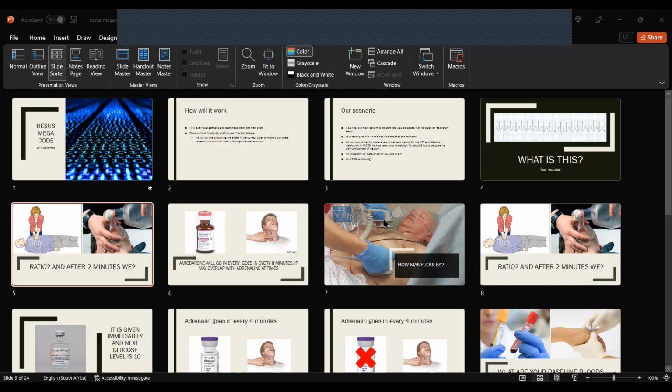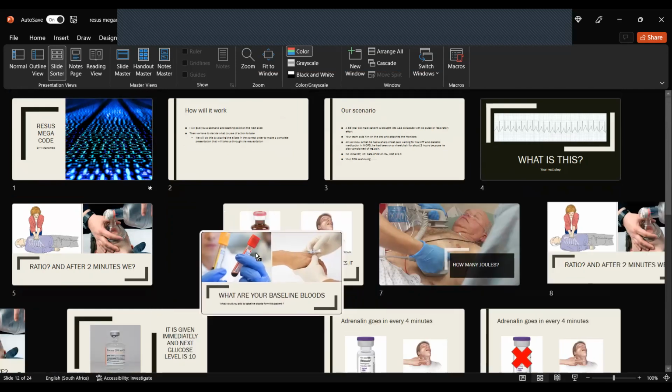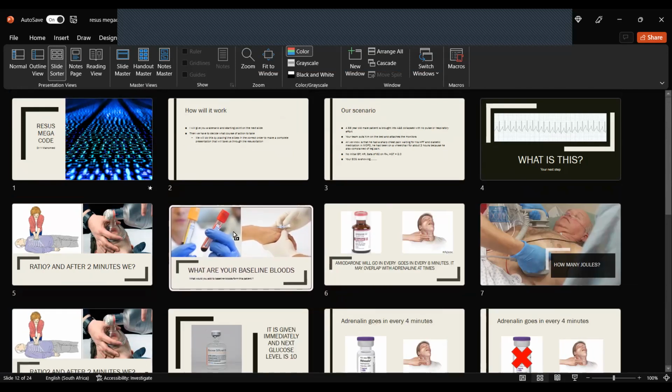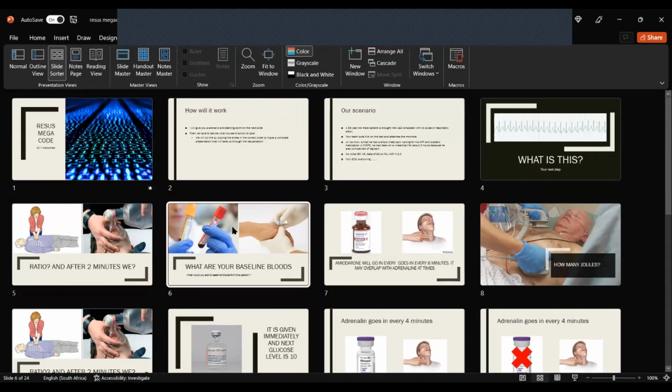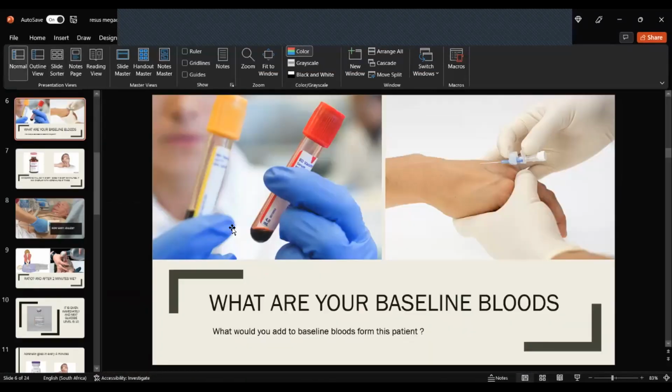Right, so you're going to put up a line. Very good. And you're going to take baseline bloods. Agreed. Let's put that up. So what are your baseline bloods? Just normally, what would you take? FBC, U&E, ESR, CRP.